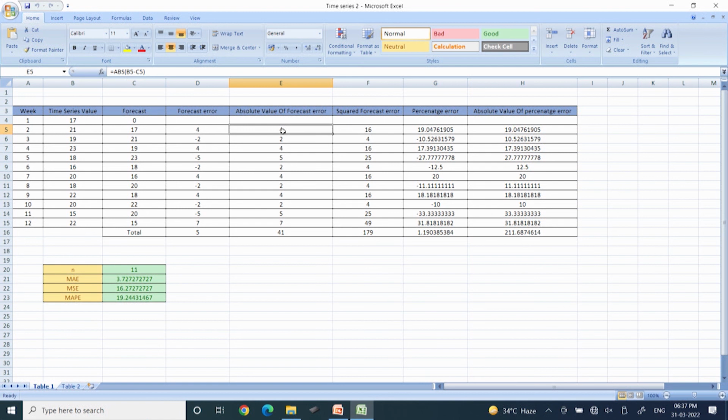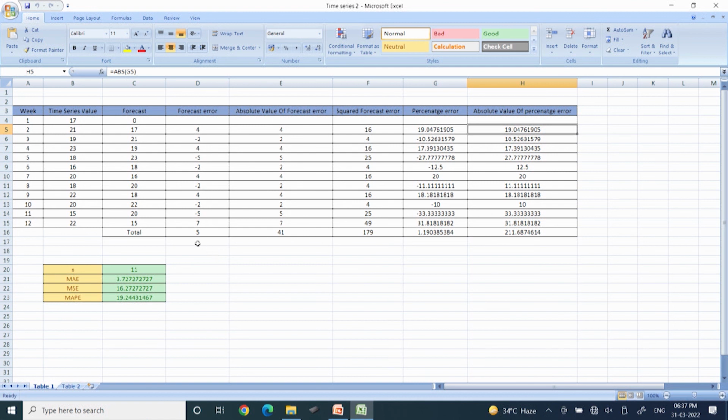Okay. Then I have squared that, then I found the percentage of the error upon actual value. For example, D5 divided by B5, then percentage error, then I found using absolute function, I found absolute value for percentage error.